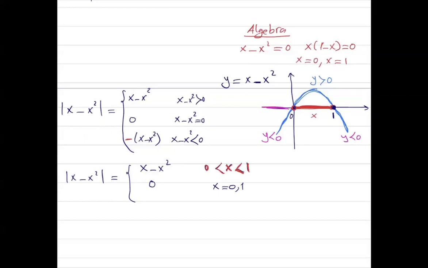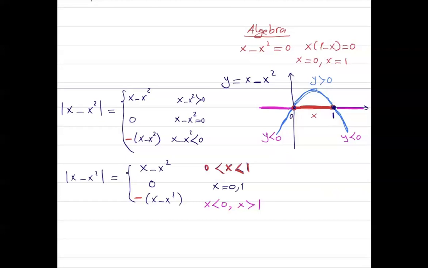So if you look at your x-axis, if x is less than 0, or if x is more than 1, you get a negative y value. It means that you have to multiply it by a negative sign. So you have minus x minus x squared. Very good.